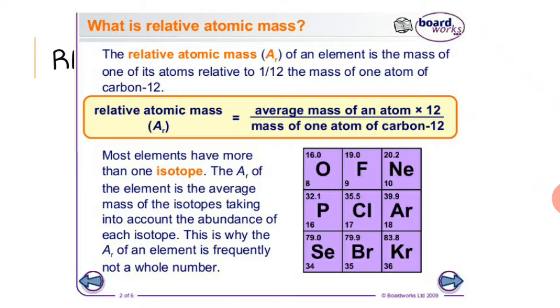When we compare atomic mass of other elements with carbon 12 atoms, they are expressed as relative atomic masses of those elements. Most elements have more than one isotopes, so we have to see the abundance of the isotopes as well. But in this relative atomic mass, we take that isotope of carbon which has 12 atomic mass. So it will be easier for us to relate it.